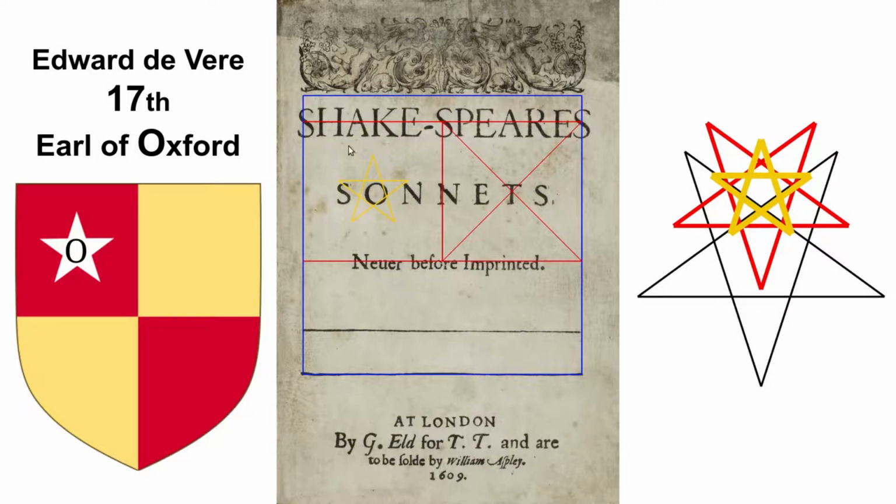So it turns out that the centre line of Shakespeare's and the centre line of Neue Before are exactly half the distance of the square. So yes, okay, it's just page design, is it?